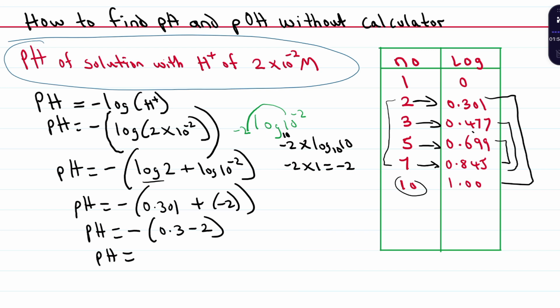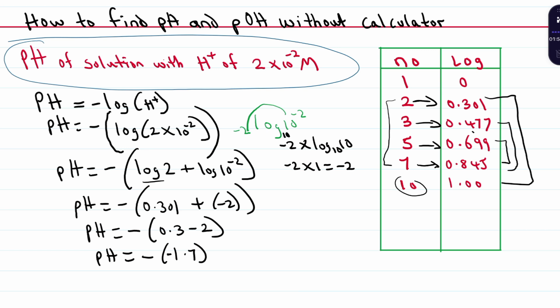0.3 minus 2. Then we have minus. Please, when you are solving pH questions, negative and positive signs can actually render your entire solutions wrong. So please be careful with your signs when you are solving pH questions. In fact, in most mathematics and physics questions, be careful with your signs. So 0.3 minus 2, we have minus 1.7.